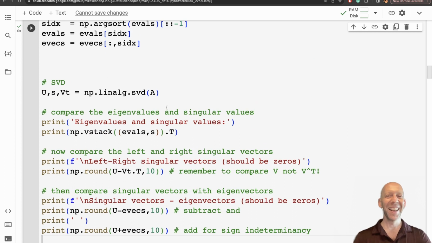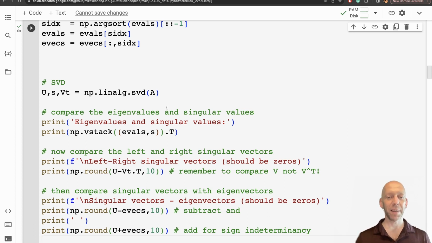Now, probably you already saw this. I suppose I could edit out the video, but whatever. The answer is we are not going to get exactly the same thing. And that is because the way to obtain the SVD is by the eigendecomposition of the matrix times its transpose, and then the matrix transpose times the original matrix.